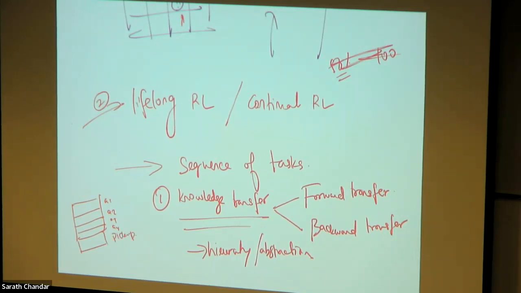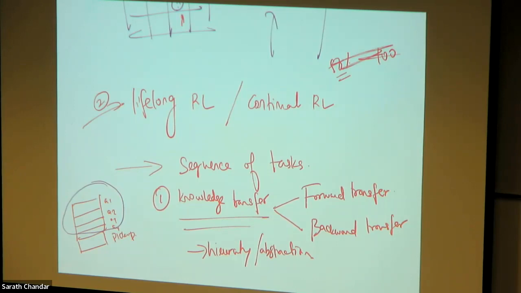Now when I learn the next task, let's say it involves picking up the bottle. You pick up the bottle, I give you +10 reward. Had I solved that problem with just the primitive actions, it is going to take me a lot of time to figure out what to do.